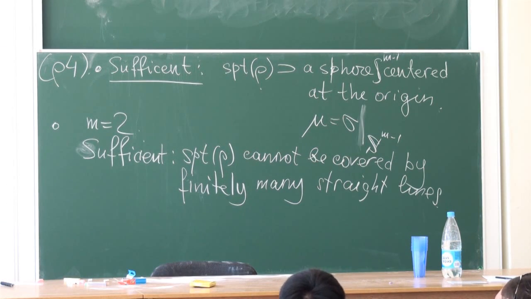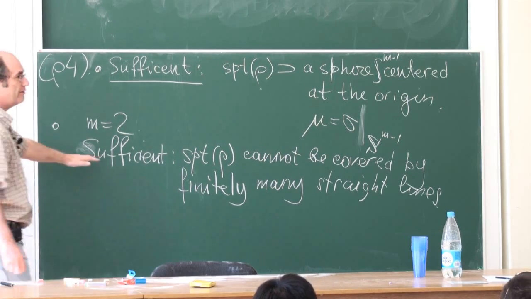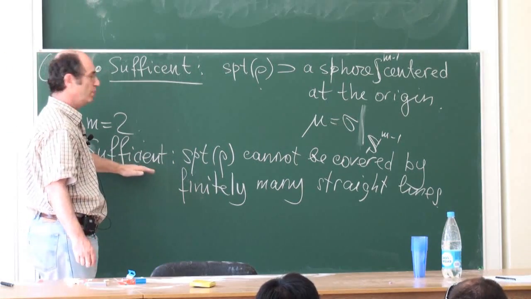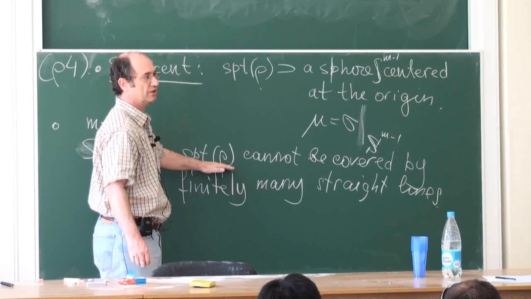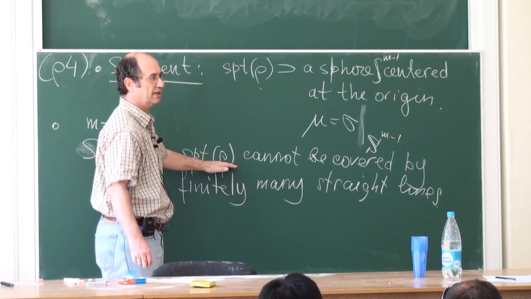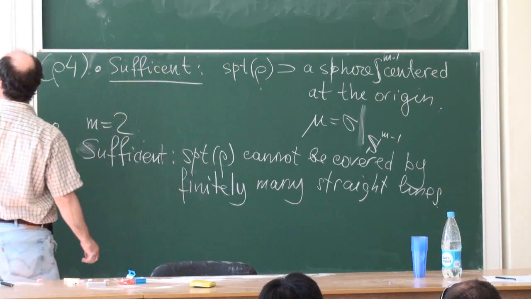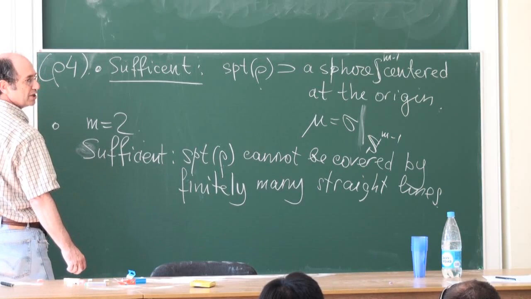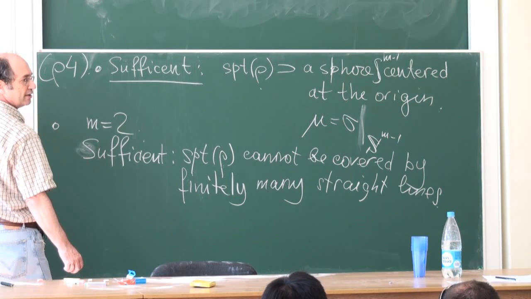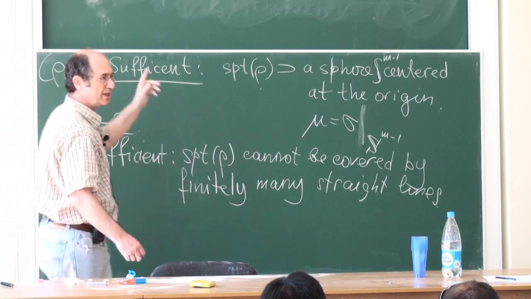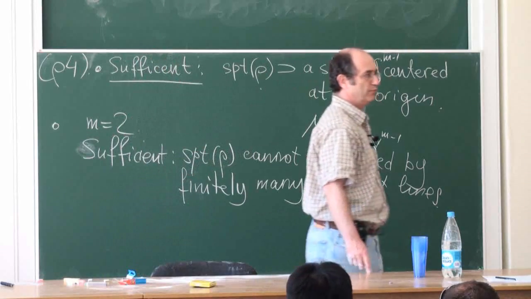This is an exercise in two-variable calculus to show that if the support of the measure is not covered by finitely many straight lines, then you may find another measure. It will be a discrete measure, a linear combination of 4 atoms, for which the zero set will have a bounded component.